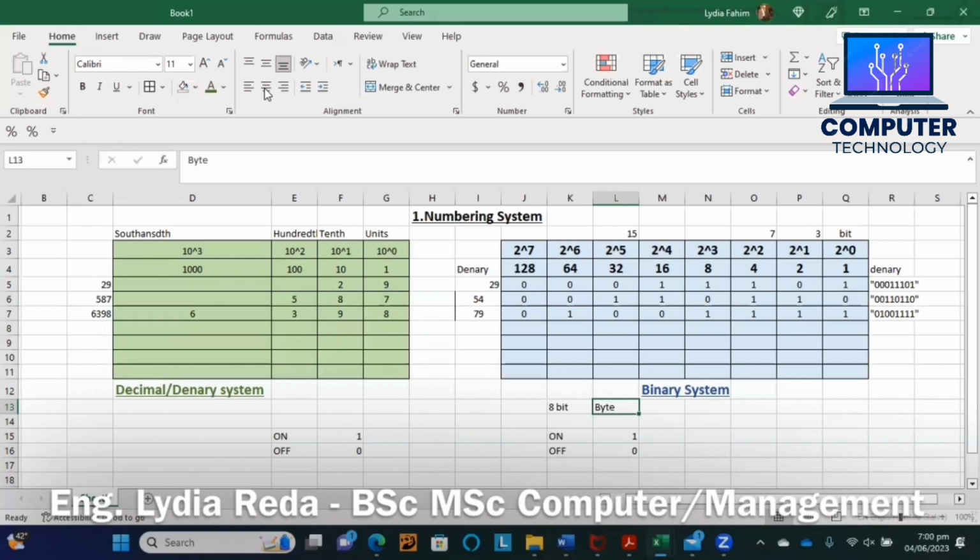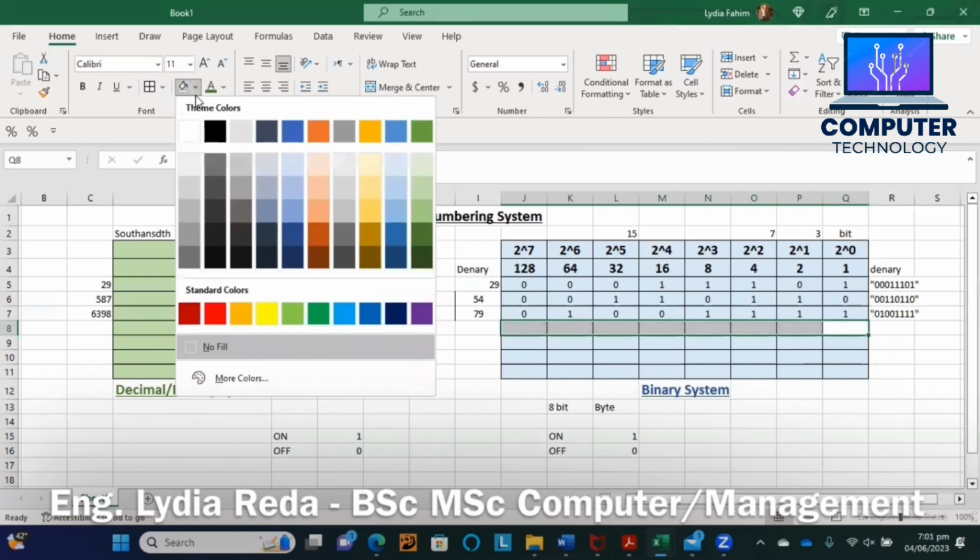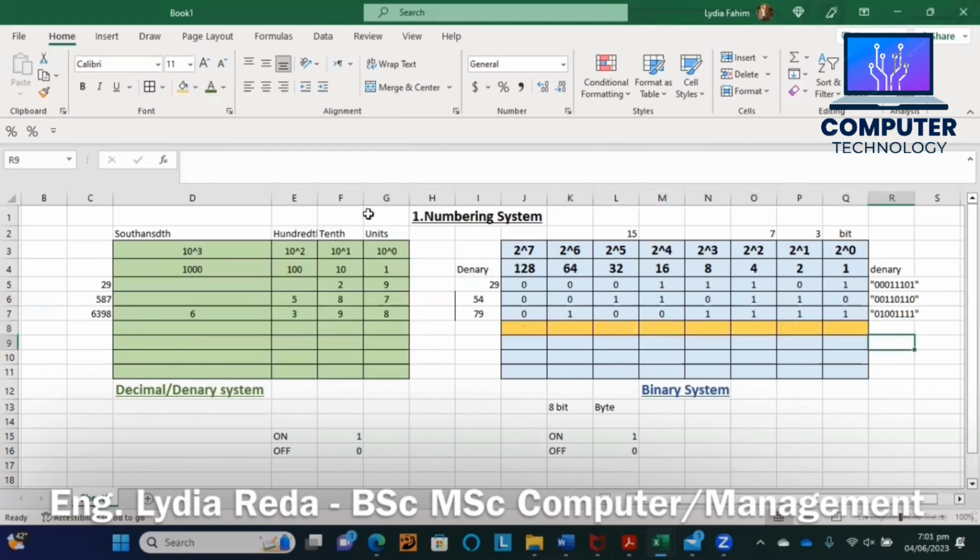Okay, let's do the opposite. Let's start by this binary number and transform it into a denary number. One second to make a separation here. We'll start by the binary number, which is 1, 0, 0, 1, 0, 0, 1.